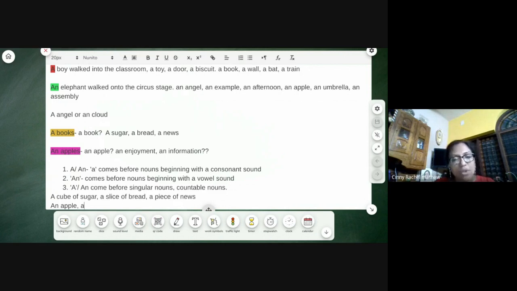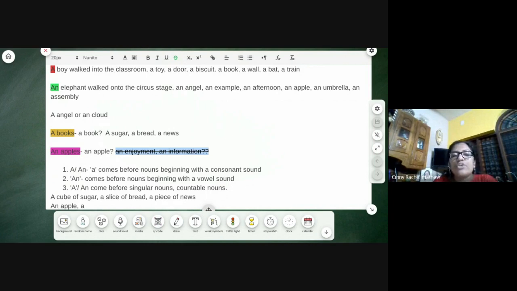Again, I cannot say an information. So both of them are wrong. So what should I do? I will cross them out. You cannot say this. Is that clear?